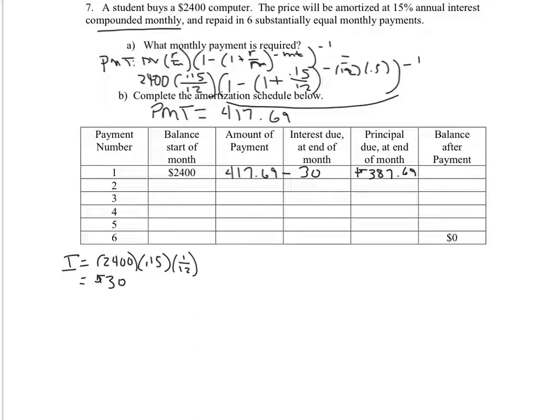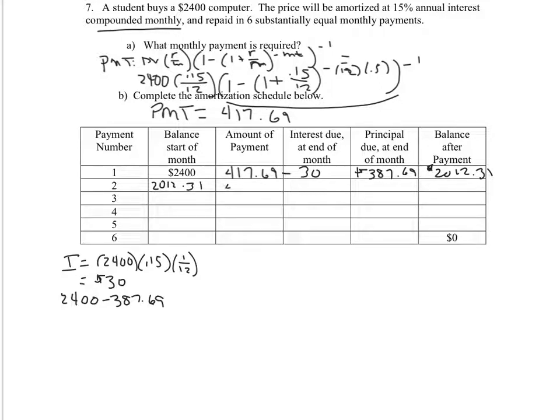So if I take my starting balance, which was $2,400, and I subtract the $387.69, I come up with $2,012.31 is my balance at the end of the month, which means that's the amount that I'm starting with at the beginning of the next month, $2,012.31.